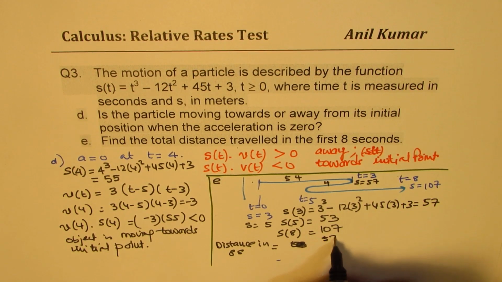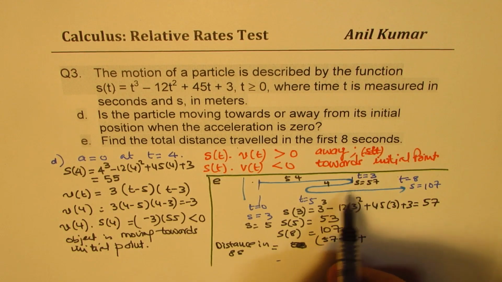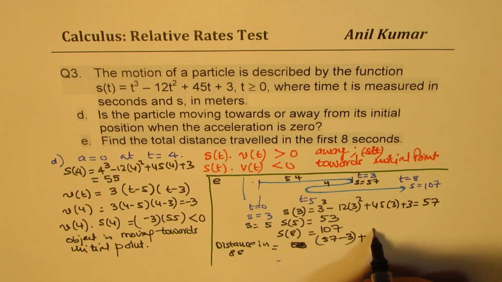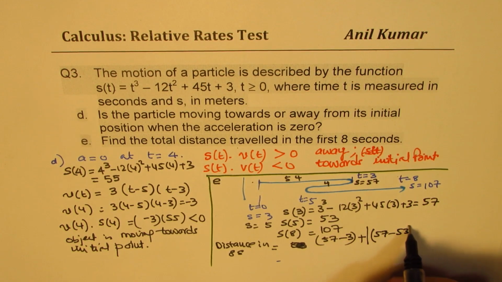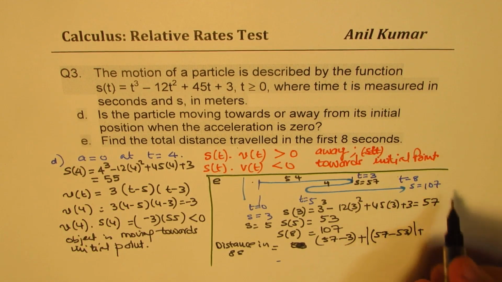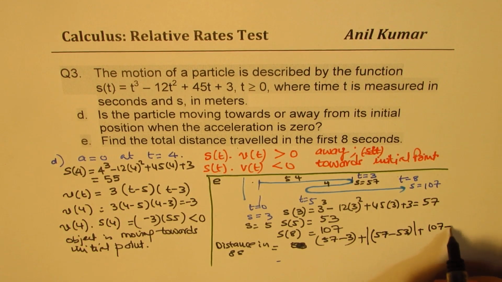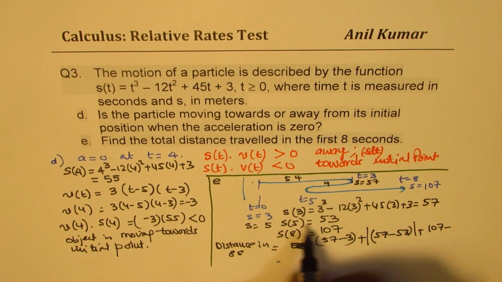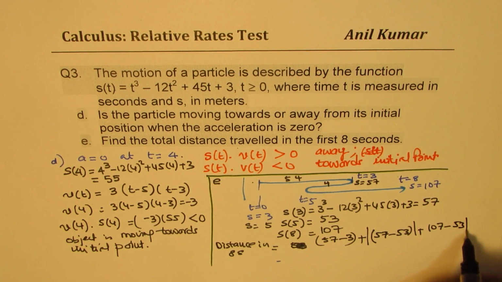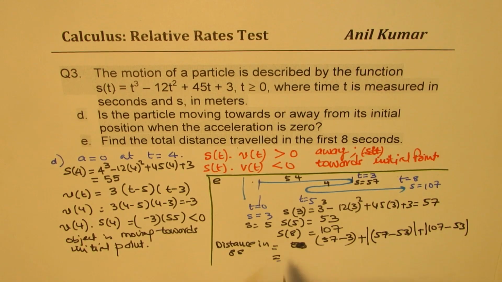So it is 57 minus 3, plus the absolute value of 57 minus 53, plus 107 minus 53. Correct? These are the absolute values. That should be okay.